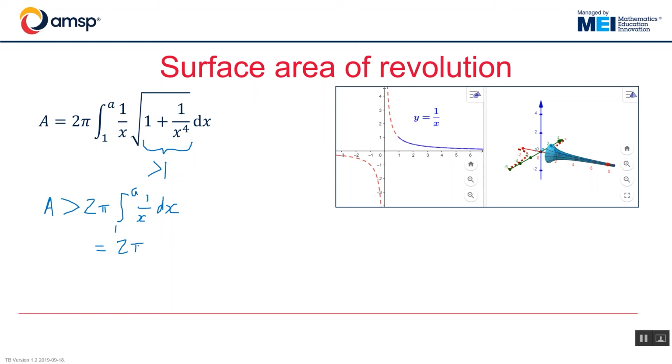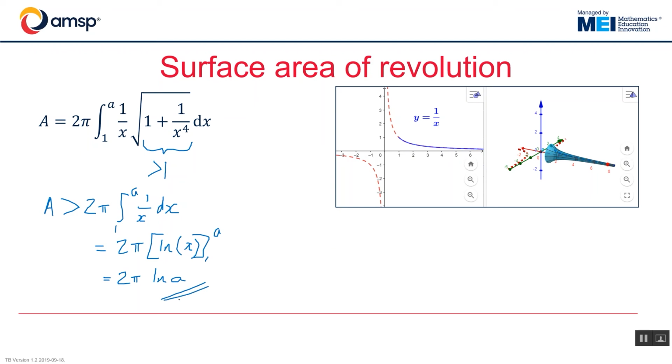So I get 2 pi multiplied by the natural log of x between 1 and a, which is 2 pi ln a minus 2 pi ln 1, but ln 1 is 0, so it's 2 pi ln a.